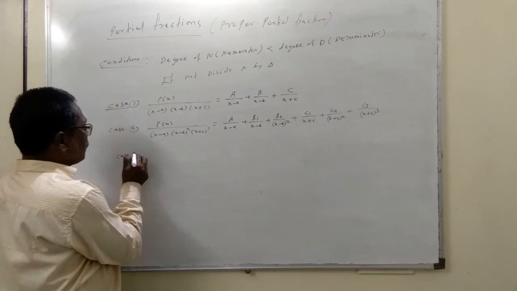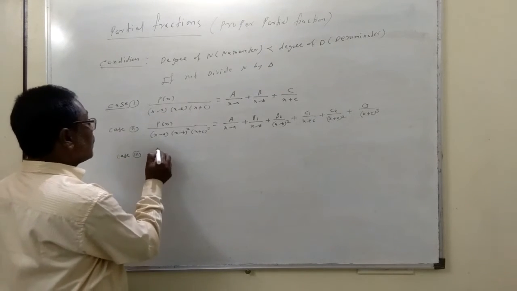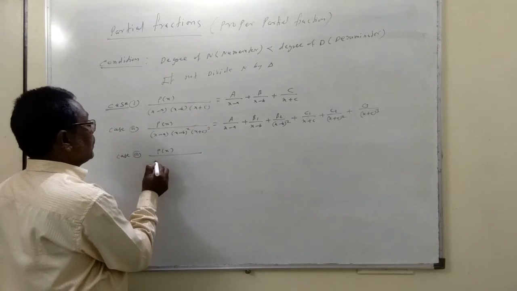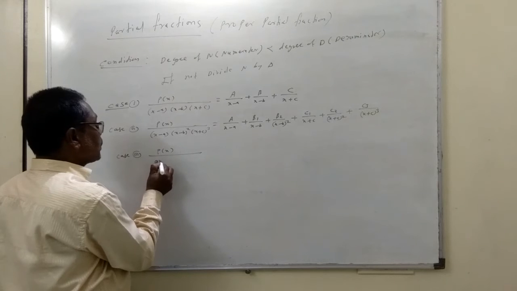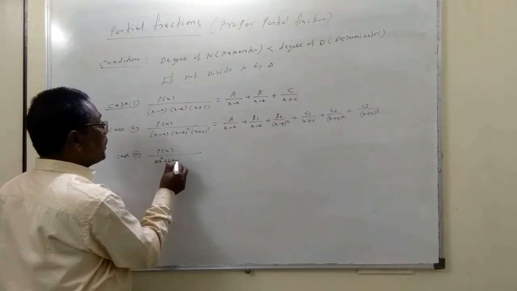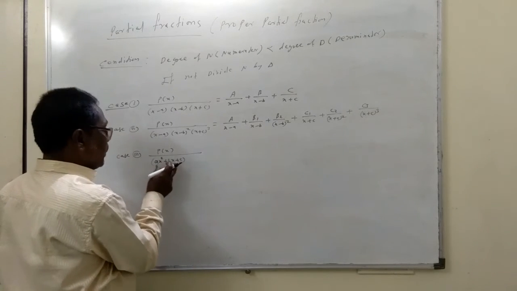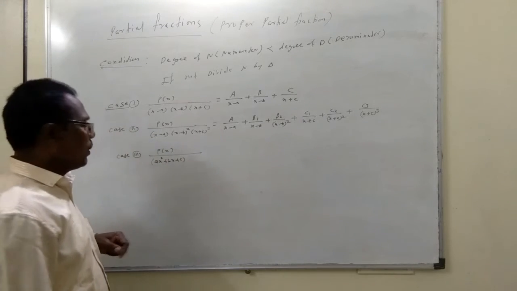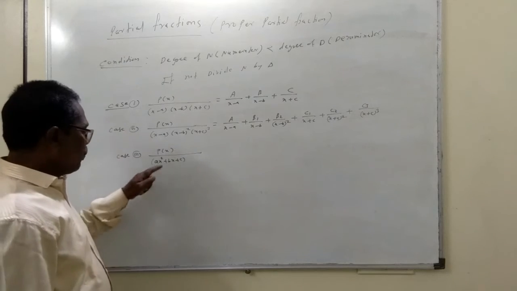Now case third: p of x divided by a factor in quadratic form, ax square plus bx plus c, and here the factors are not possible. If linear factors are possible, you factorize and convert it into linear factors.